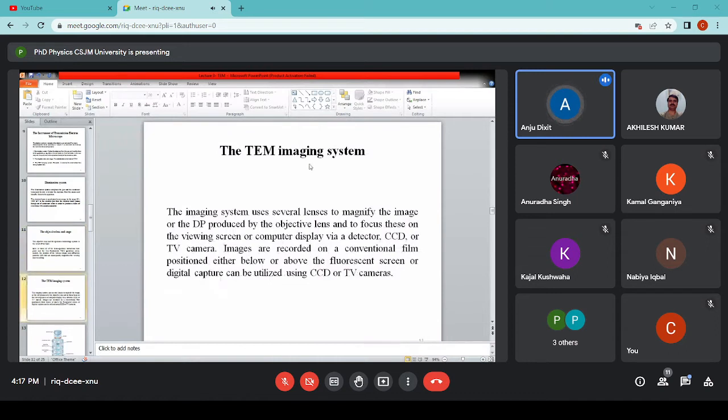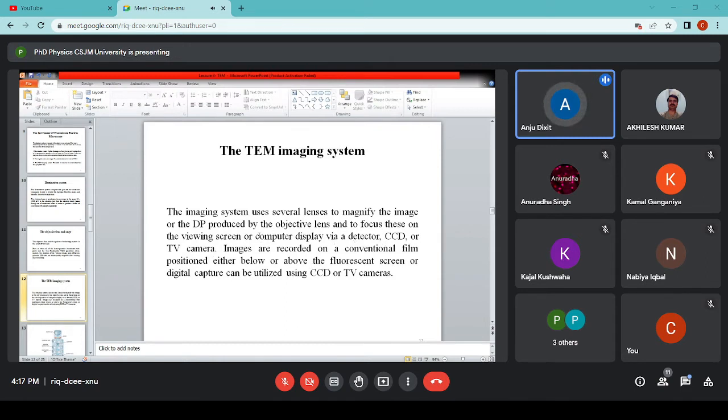The third part is the TEM imaging system. The imaging system uses several lenses to magnify the image or the DP produced by the objective lens, and to focus these on the viewing screen or computer display by a detector, CCD or TV camera.